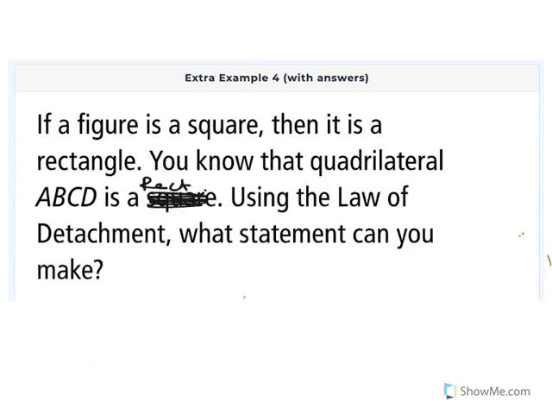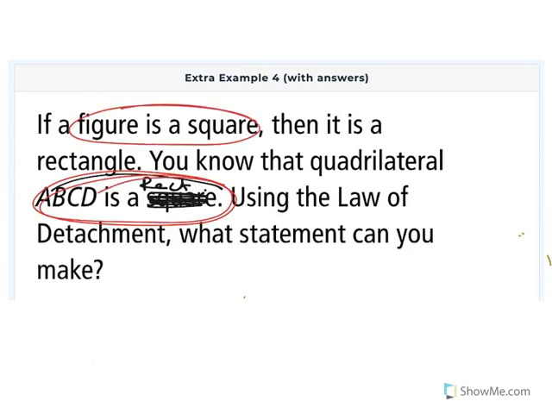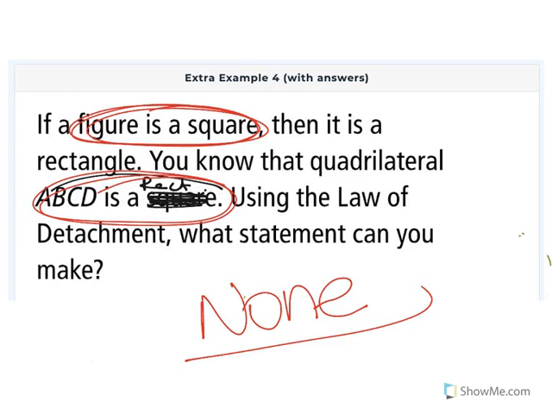Well, this information that they've given you does not match the hypothesis, so we cannot make any statement. So you say, what statement can you make? None. Or you could say no statement can be made, or we don't know enough, or something of that sort.